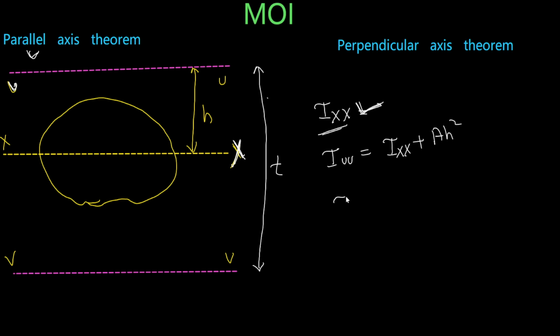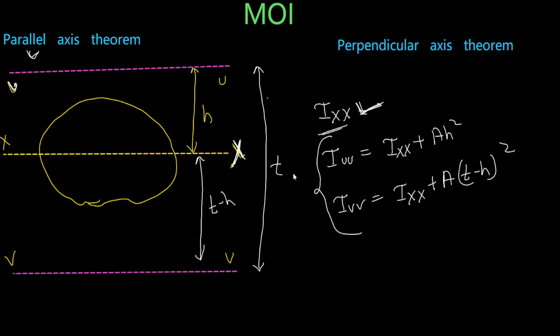Ivv will similarly be Ixx plus area times t minus h whole square. Similarly you can calculate about any parallel axis.